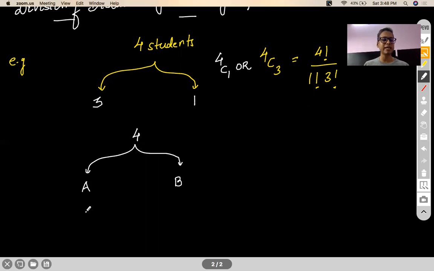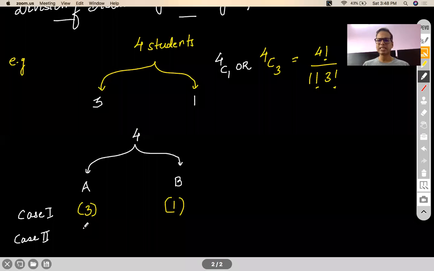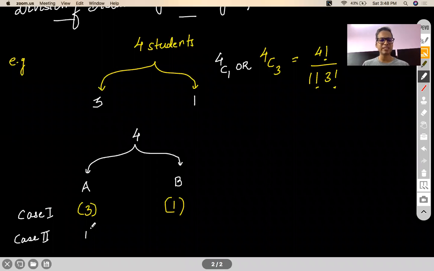Now, here you will say, okay, there are 2 cases that come up. Case number 1, A should have 3 students and B should have 1 student. That is one way to do it. Or case number 2, A should have 1 student and B should have 3 students.